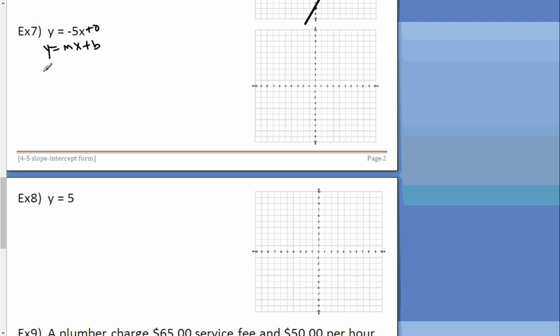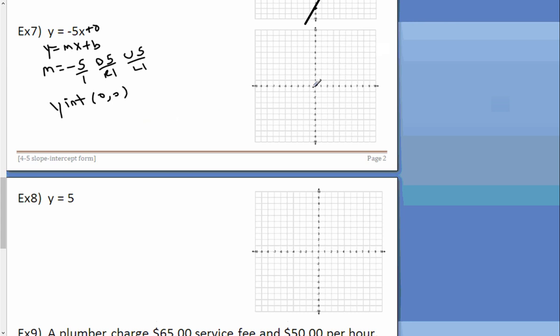So my slope is -5 over 1, which is down 5, right 1, up 5, left 1. And my y-intercept is actually the origin, right? It's (0, 0).